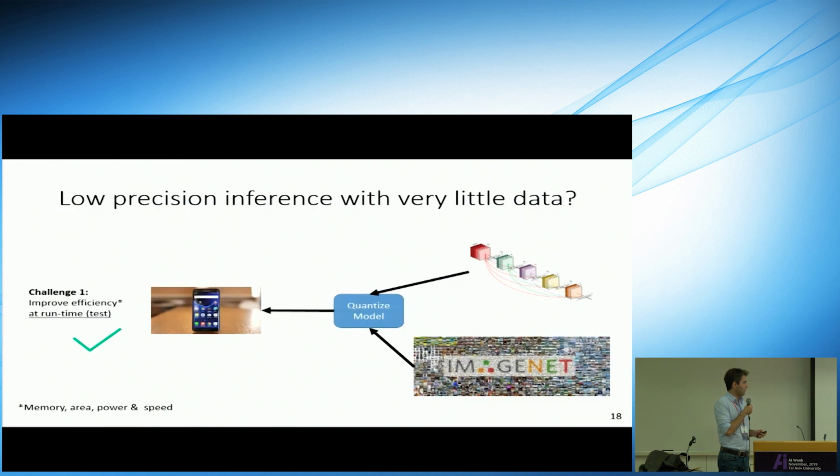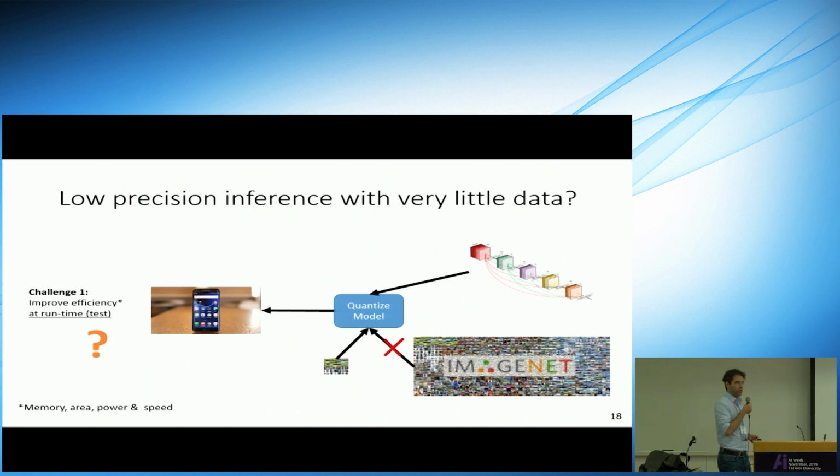Originally, to get good performance for inference, we quantize the classification model by training it, starting from full precision, using quantized training on some data set, say ImageNet. And this gave us a quantized model, which now we could use.